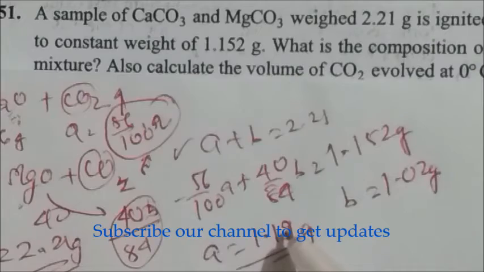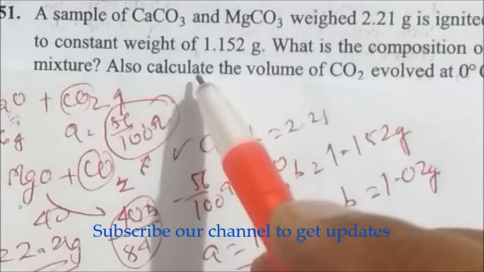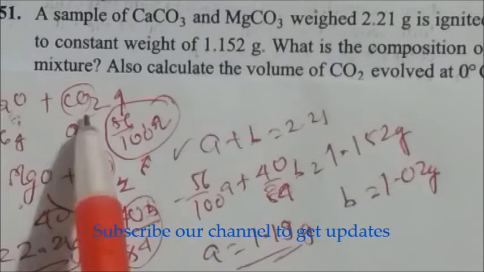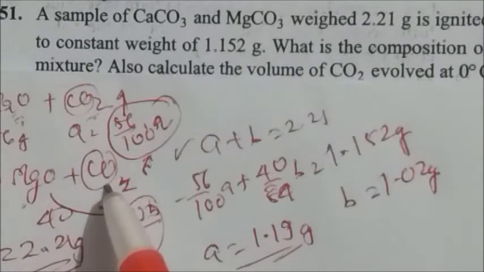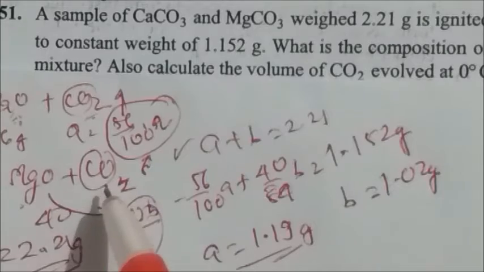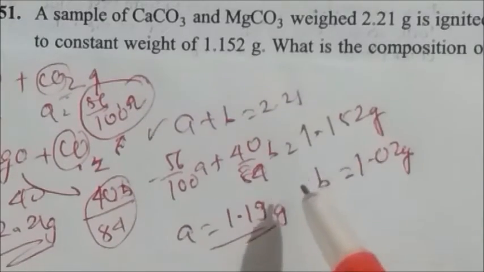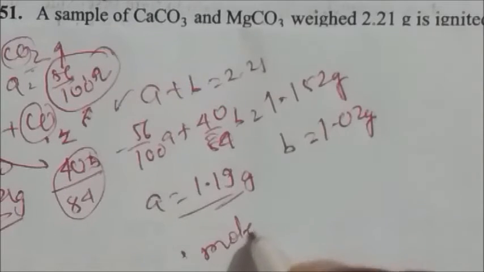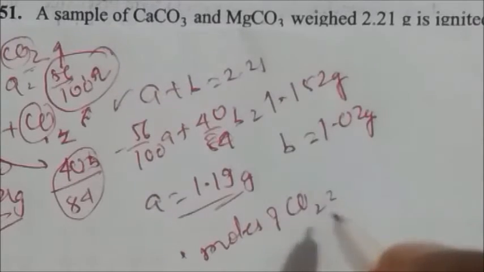Now they are asking the moles of carbon dioxide formed. So the moles of carbon dioxide is nothing but the moles of calcium carbonate plus the moles of magnesium carbonate.